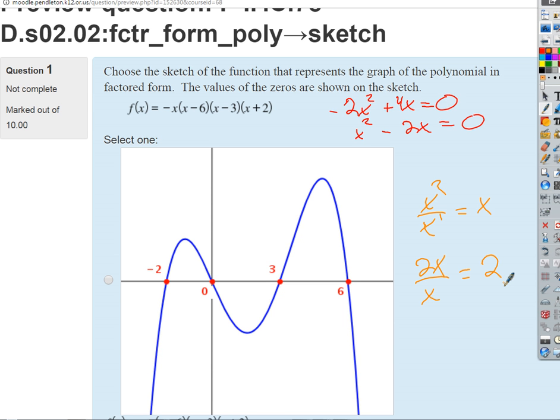We always want to see if we can undistribute something, because look how much easier that makes it. If I undistribute or factor out an x, I get x times what's left over when I divide each term by x: x minus 2.